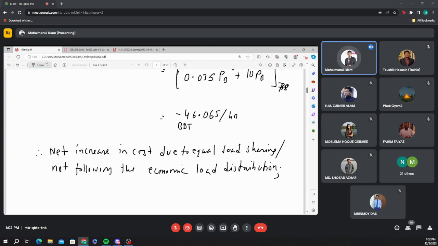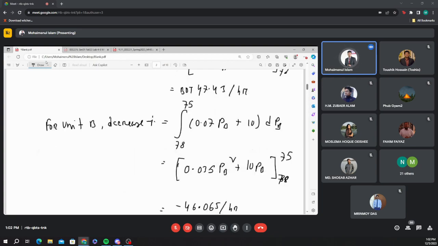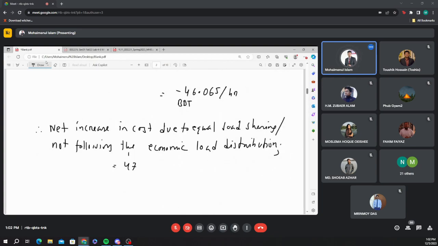So the value should be 47.43 minus 46.065, whatever the value, maybe 1.36. Okay, fine, 1.36 BDT per hour. That is our net increase.